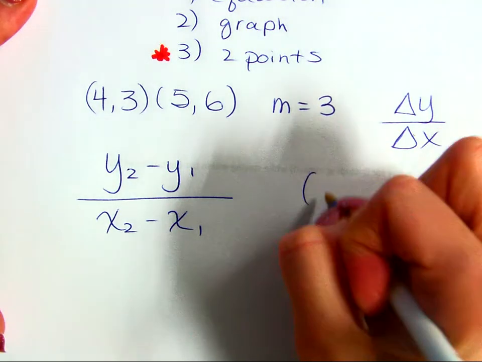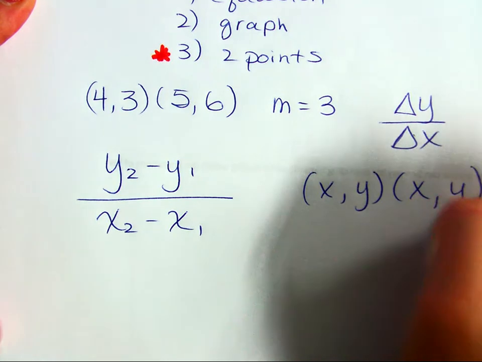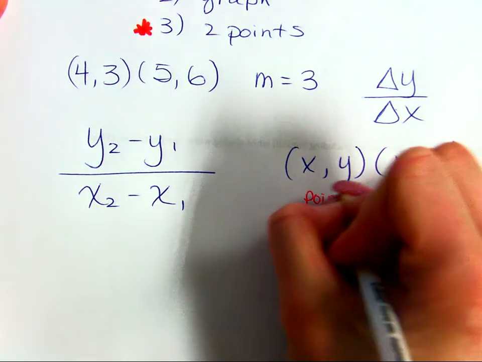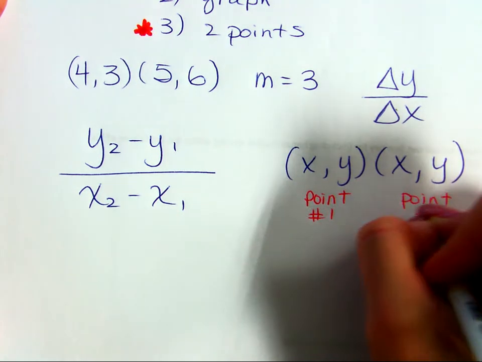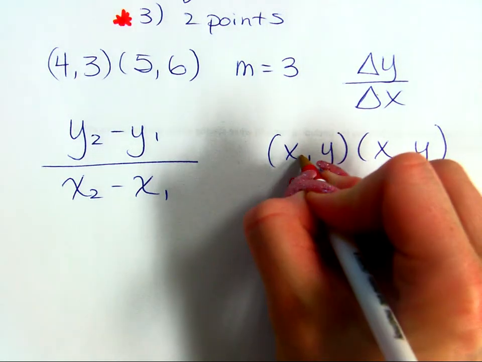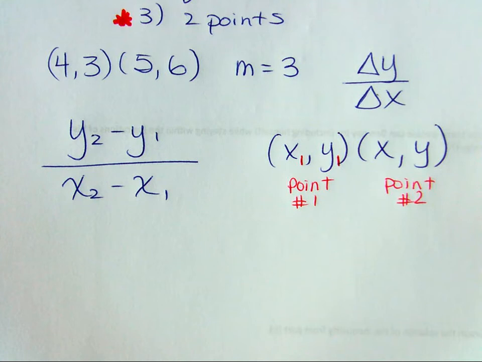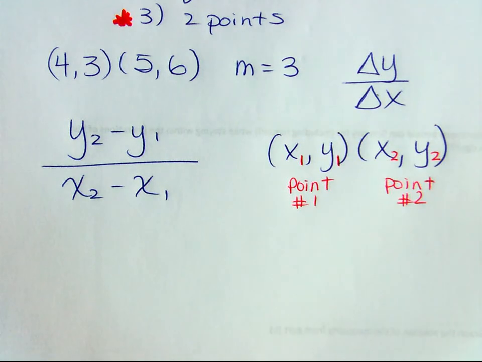So when you are given 2 points, (x, y) and (x, y), basically what we're doing is we're calling this point number 1 and this point number 2, right? So would you agree then that this is the x from point 1 and this is the y from point 1? And that this is the x from point 2 and this is the y from point 2?